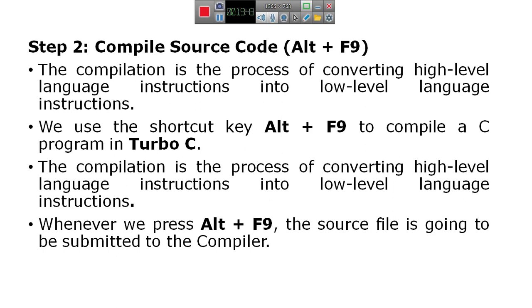When you compile the program, a language translator, the compiler, is activated and the source file, the C file, is converted into machine code.